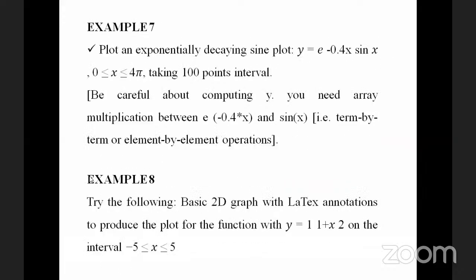And this example 8 is unique because in this we are plotting a 2D graph with LaTeX annotations. I will explain these things. These are the syntax used in LaTeX annotation. If you want to plot an equation, you will use this LaTeX annotation to produce the plot for a particular function.